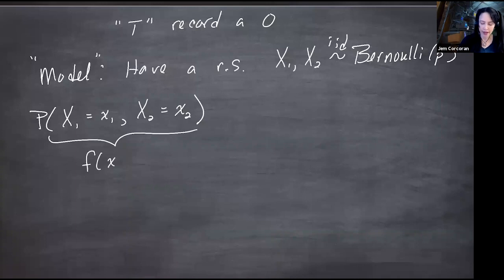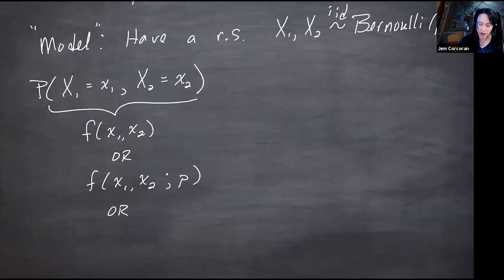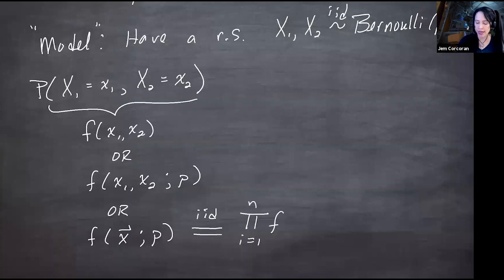This is an f of x1 and x2, a joint PDF, or in our new notation, an f of x1, x2, semicolon p to show that dependence on the parameter, or even we eventually want to start using vectors here, which is usually going to be for a sample of size n, but a vector of length 2. And because these are IID, I get to multiply the individual PDFs. That's not an n, that's a 2.